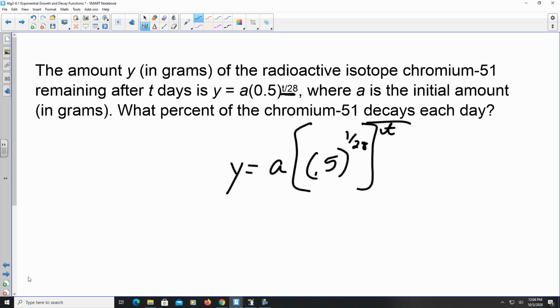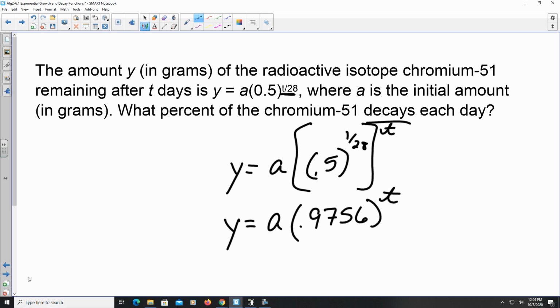So I just used one of my properties of exponents to move that variable t, and then I can evaluate 0.5 raised to the 1/28th power and say y equals A times 0.9756, and we'll raise that to the t power.